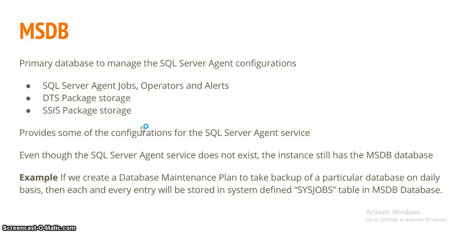For example, if we create a database maintenance plan to take a backup of a particular database on a daily basis, then each time an entry will be made to the sysjobs table in the msdb database.